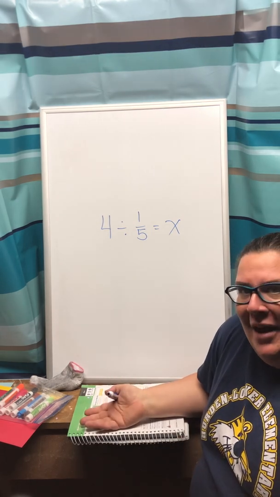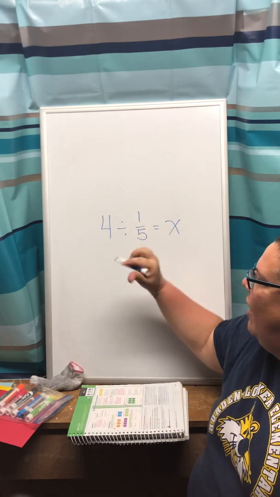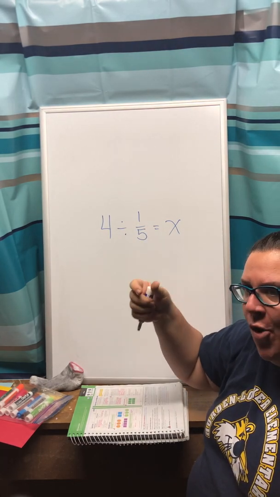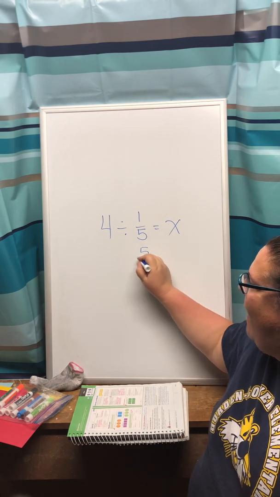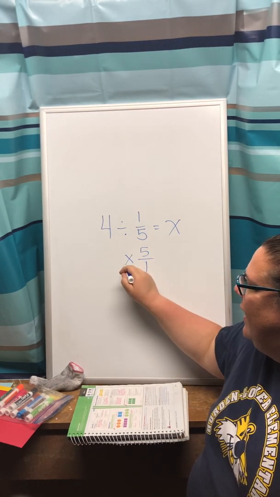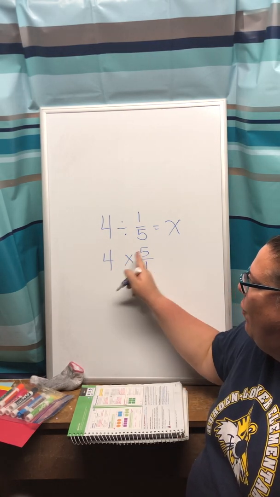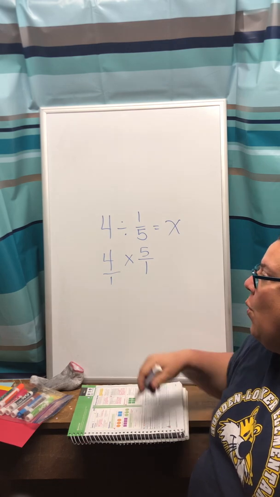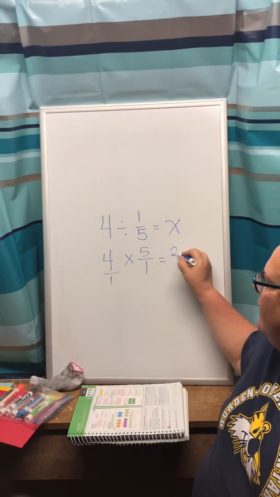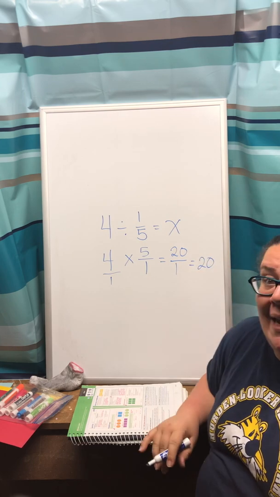Going exactly to what I just did in the last problem, if I flip it and turn it into a whole number, this one's going to be 5 over 1, or 5 ones. I'm switching my sign, and I now have 4 over 1 times 5 over 1, which gives me 20 over 1, or an answer of 20.